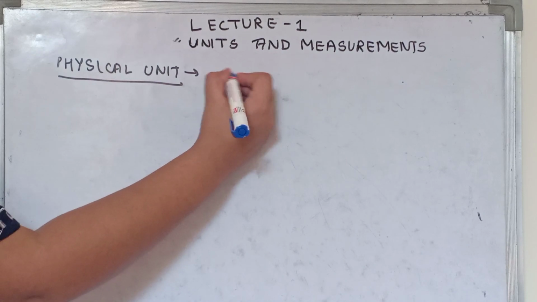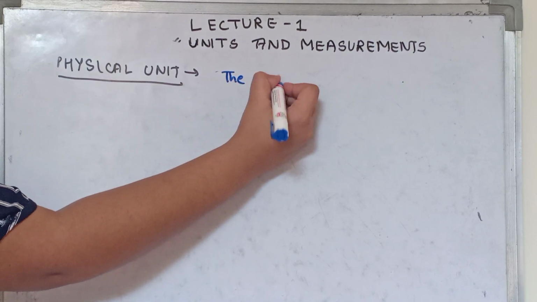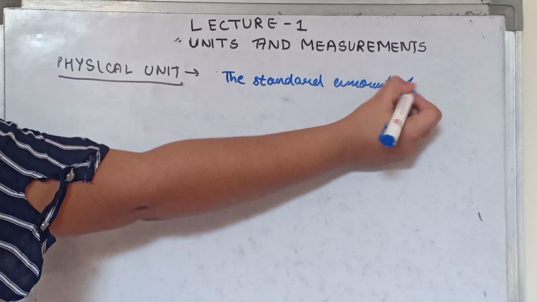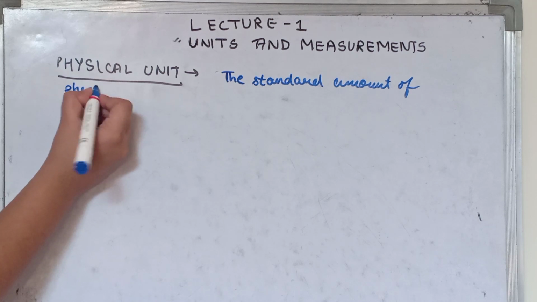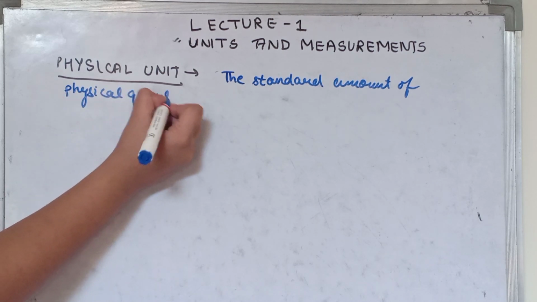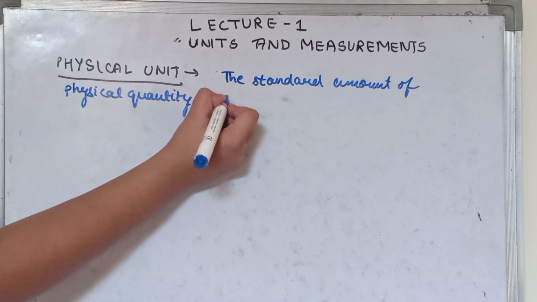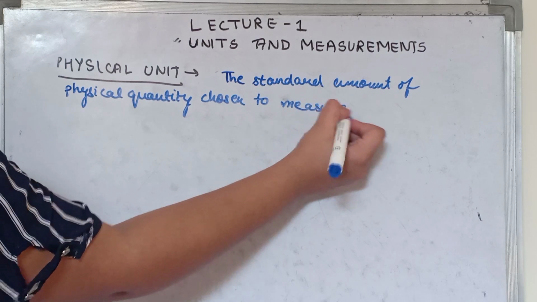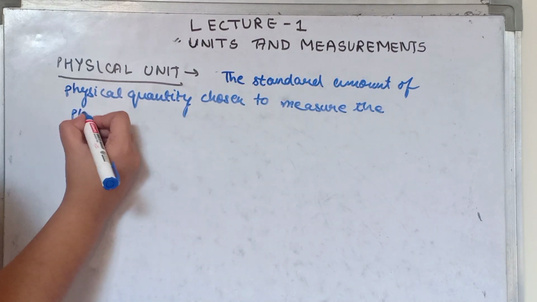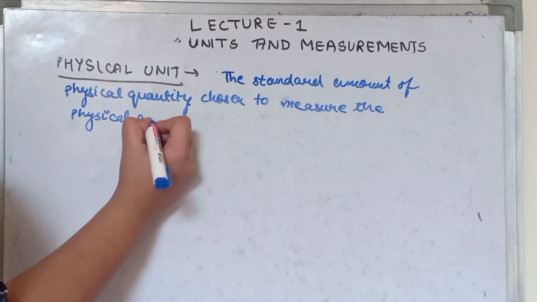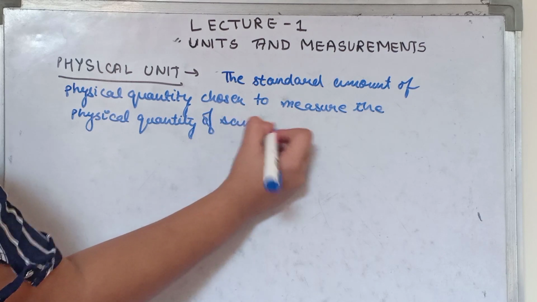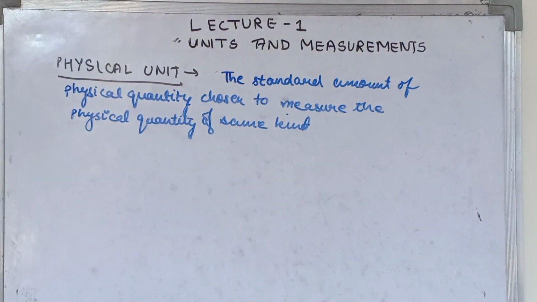It says that the standard amount of physical quantity chosen to measure the physical quantity of same kind is known as physical unit.